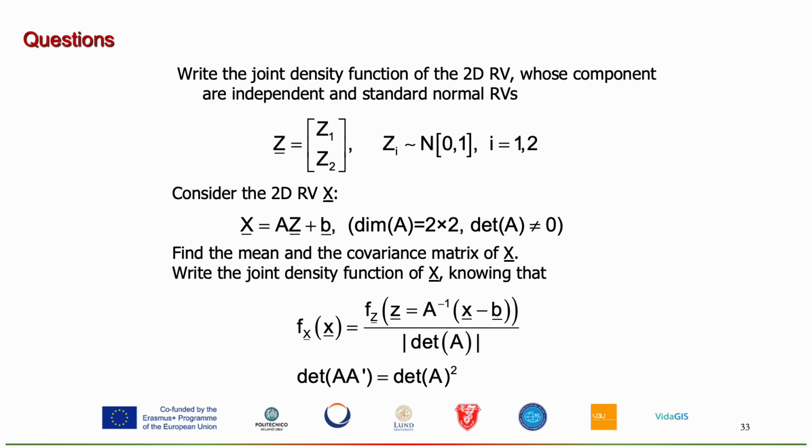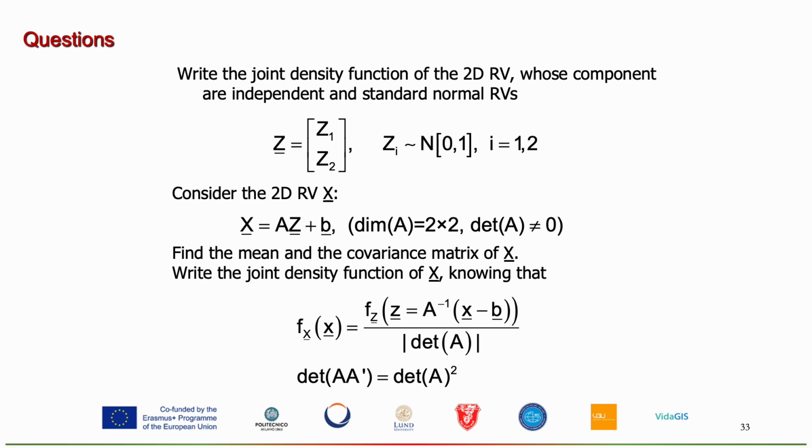The first question is: write the joint density function of a two-dimensional random variable whose components are independent, and in particular they are standardized normal random variables. So you have Z, with its two components. Z1 is the normal distribution with zero mean and variance equal to 1, and the same also for Z2. Then consider a two-dimensional random variable X equal to a certain matrix A that multiplies Z plus B. A clearly is 2 by 2.